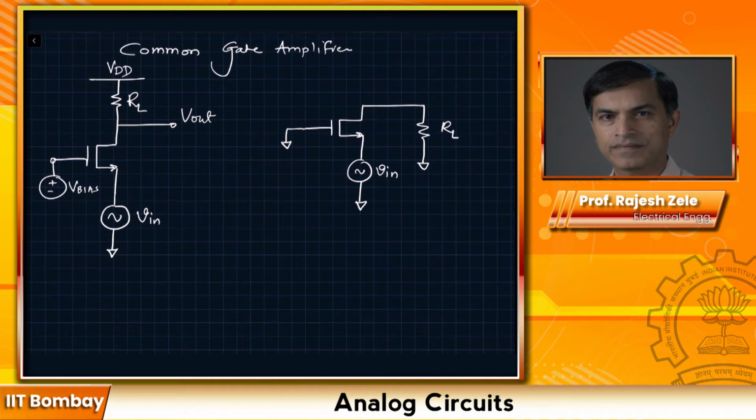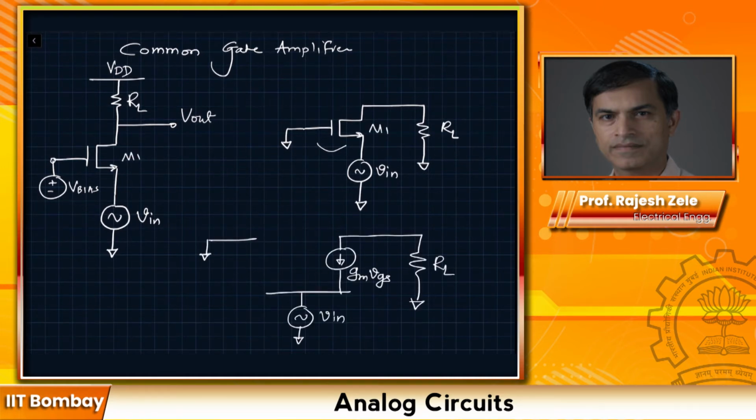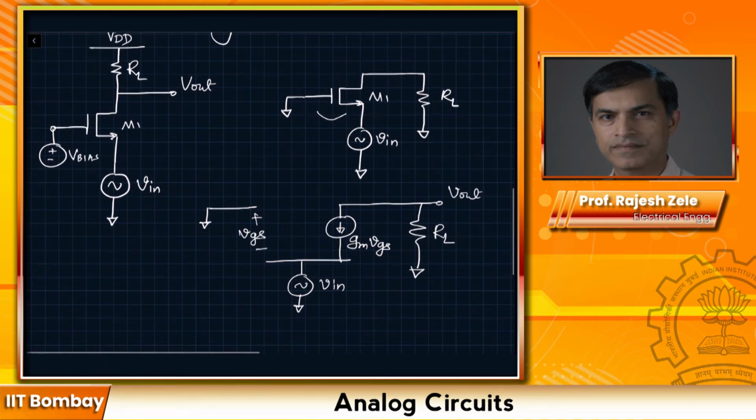And the detailed small signal analysis, we can substitute the model for the MOSFET. You can easily prove it to yourself now that Vout, the gain of this amplifier, Vout divided by Vin, is going to be equal to Gm times RL.